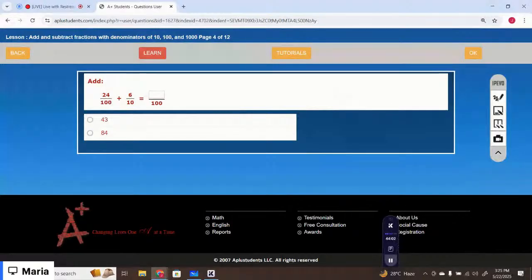4 over 100 plus 6 over 10. So which is the correct option?